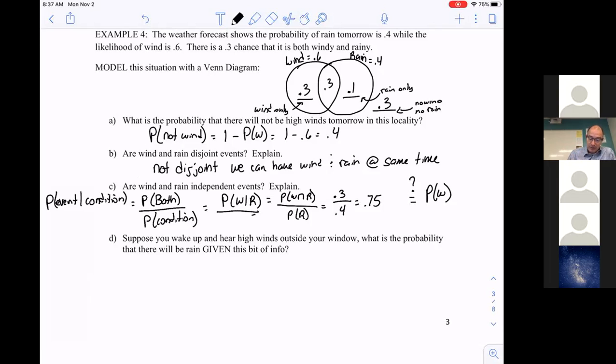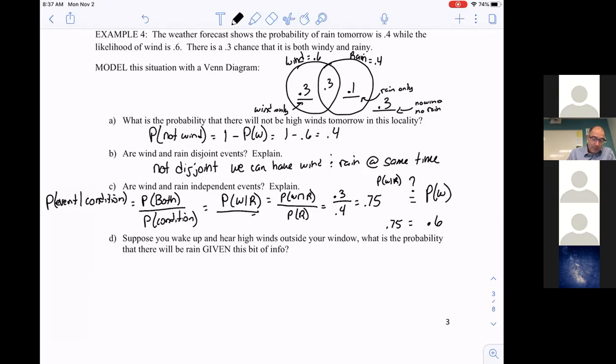Okay. This is really ugly because we haven't really talked about independence yet. So we're using a problem to talk about independence. The probability of it being windy was 0.6. However, the probability of it being windy, given that it's rainy, we just found out to be 0.75. So therefore, the likelihood of it being windy has increased since it is raining, which kind of makes sense.